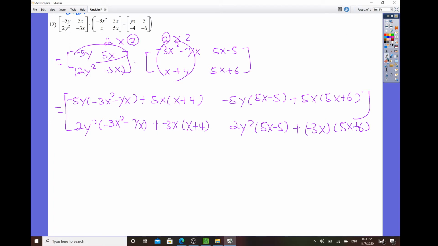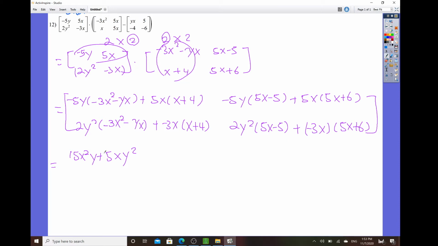For the bracket, I need to put it in for the entire matrix here. And then the rest of this, you want to simplify. Negative 5y times negative 3x squared: basically just distribute, which is 15x squared y, plus, negative times negative is positive, 5xy squared.